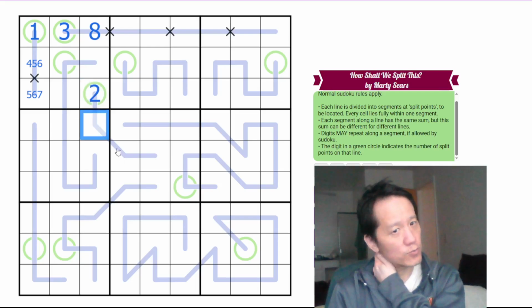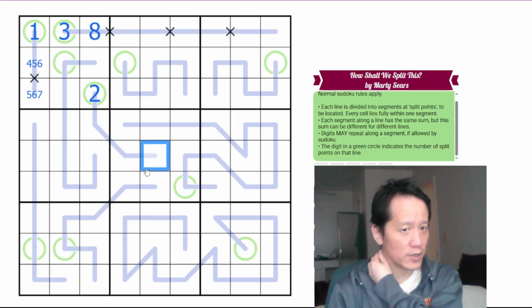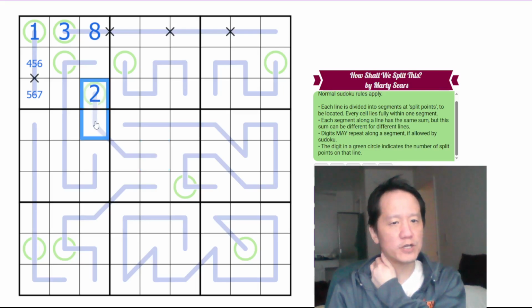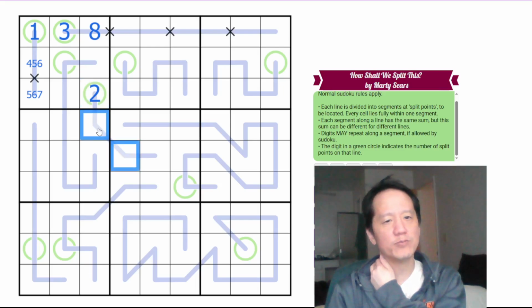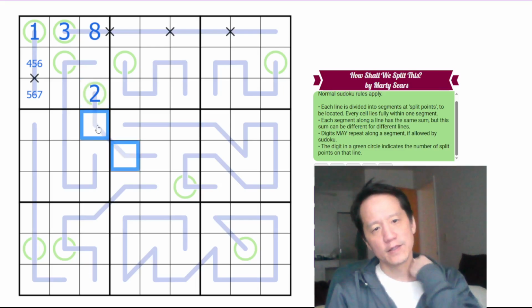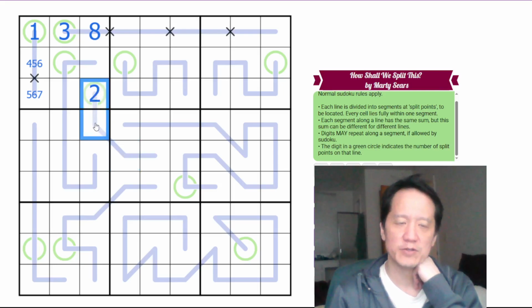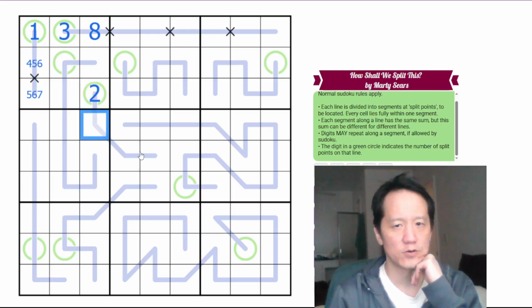Which means, where are the split points? Well, if it were split here and here, the problem with that is that these two digits would have to be the same, which is not allowed in normal Sudoku.